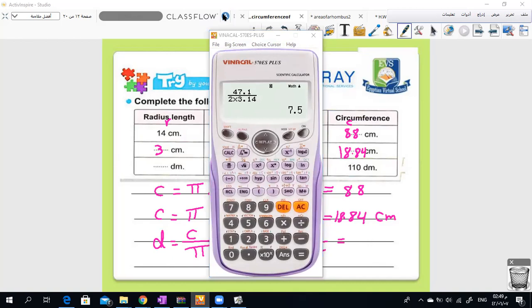Now put the fraction sign here, 110, the circumference. Go down. Pi is 22/7. So 110 divided by 22/7 equals 35.